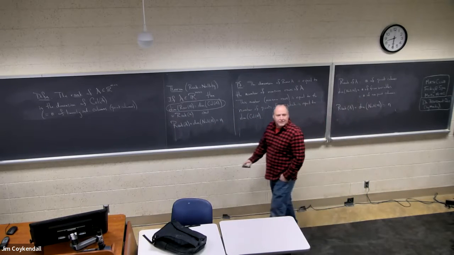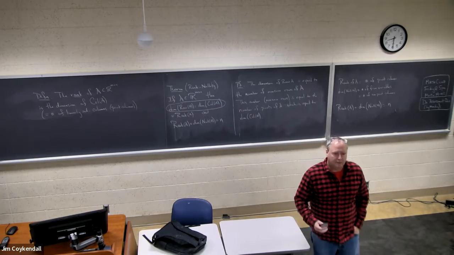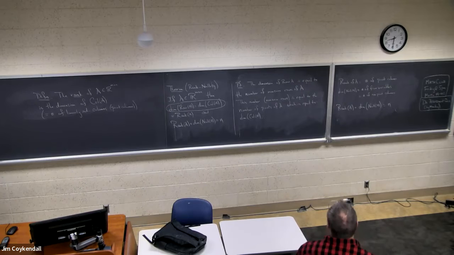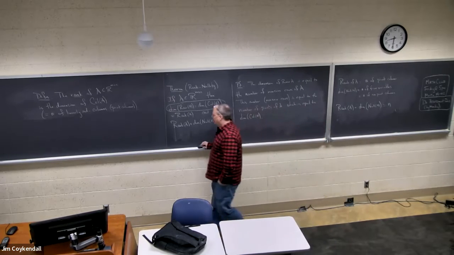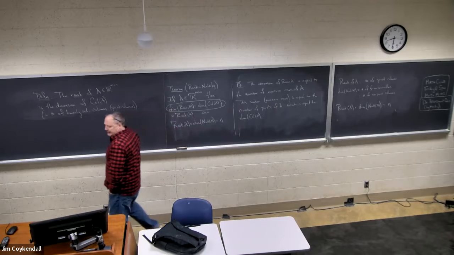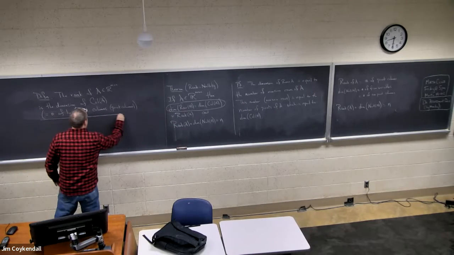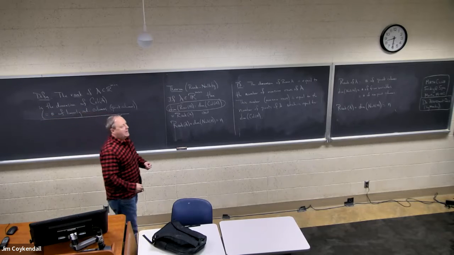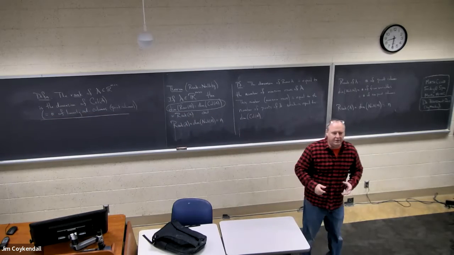Okay. Yes, sir. So, what was the dimension of a single vector? Well, we need to restate that a little bit. The dimension of a vector doesn't make sense. You only talk about the dimension of a space.